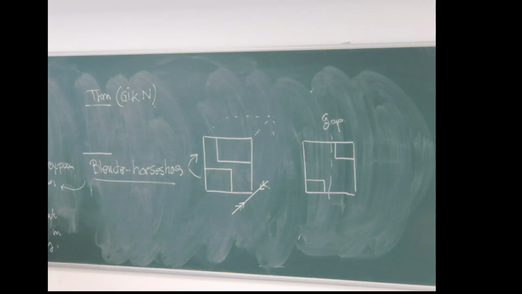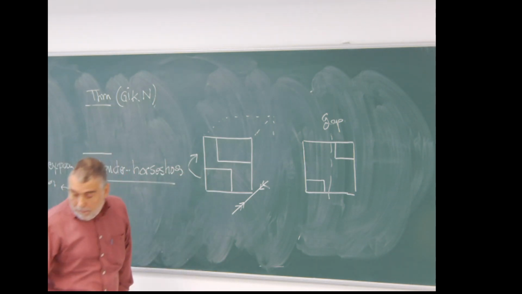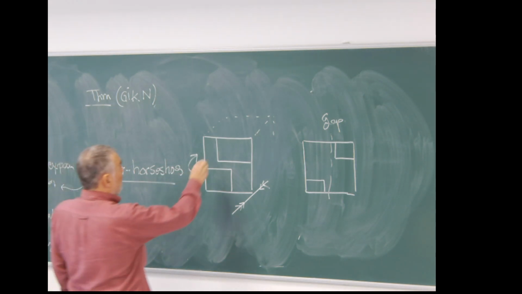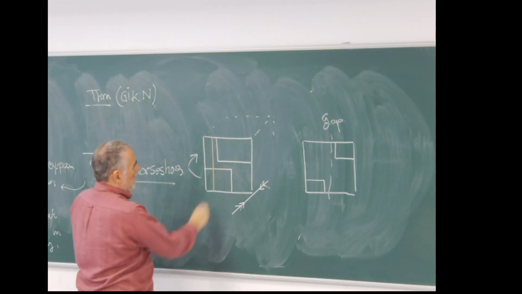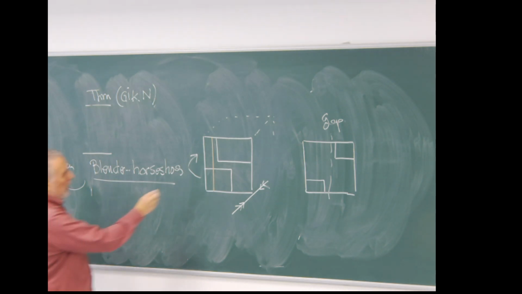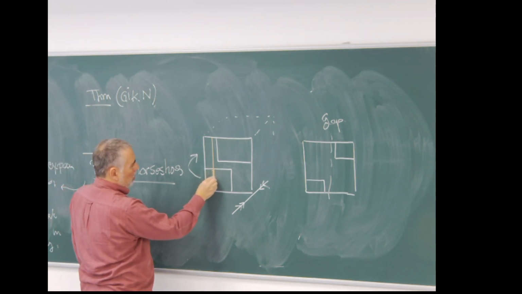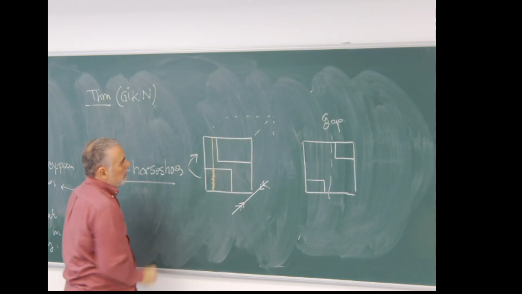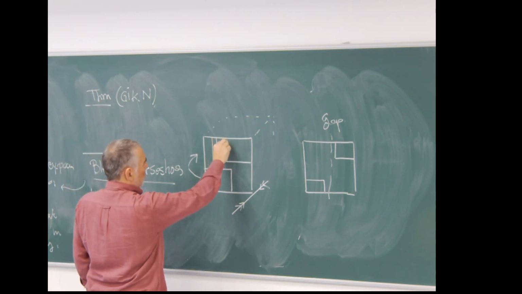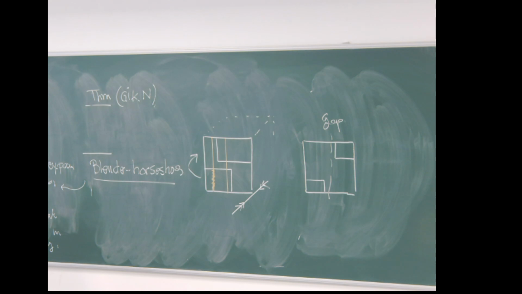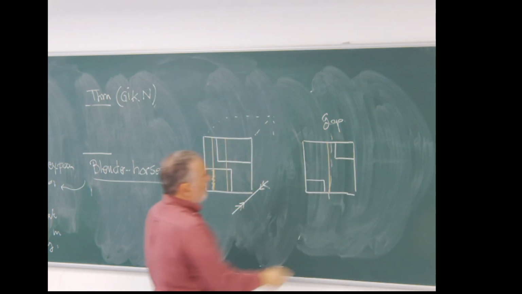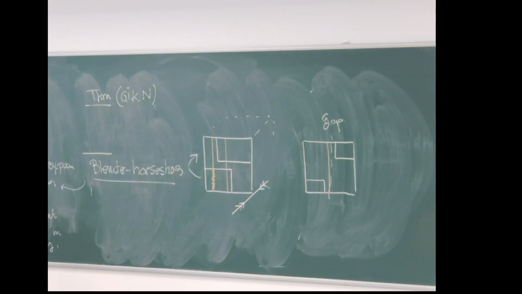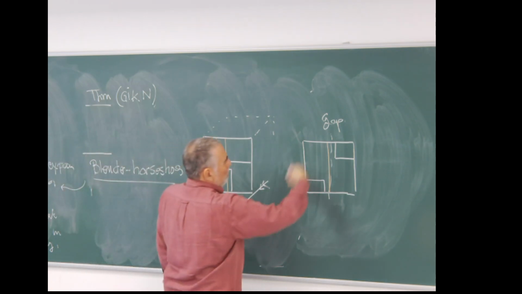The key of the blender is that you start with a strong stable leaf. When this is a strong stable leaf, if I take the image of this part, I will get another strong stable leaf in the cube. But there are strong stable leaves that are mapped outside the cube.